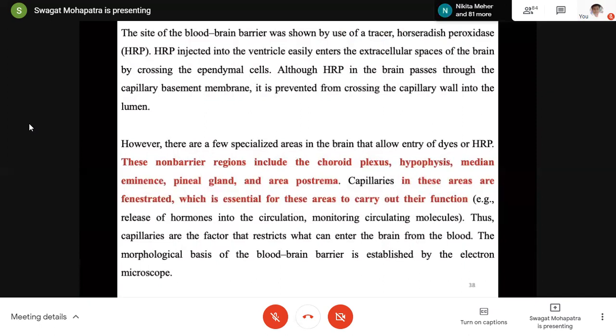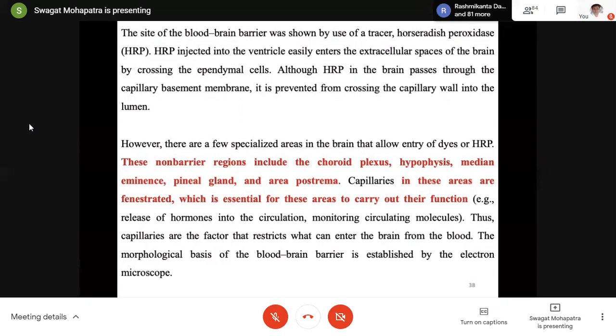So everything that comes into the blood should reach the vomiting center so that it can initiate vomiting. But if you provide a blood-brain barrier in the area postrema, then toxic substances will not be able to reach those areas, so vomiting will not be initiated. And vomiting is a very defensive mechanism also. Suppose you ingest some toxins, you will vomit. If something is affecting your osmolality, you will start vomiting.